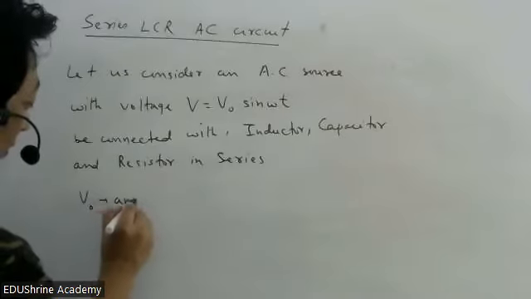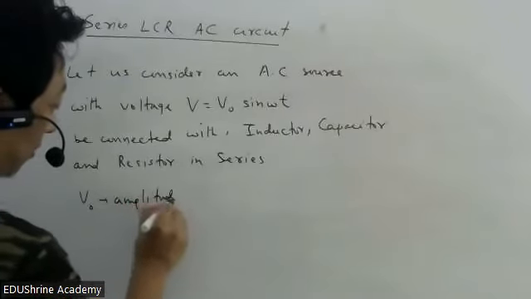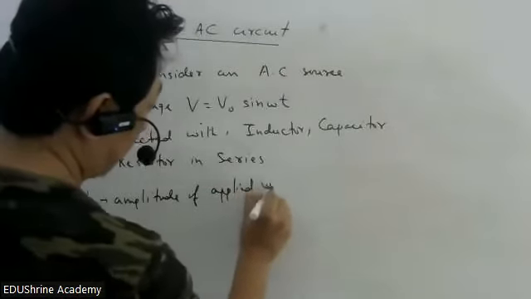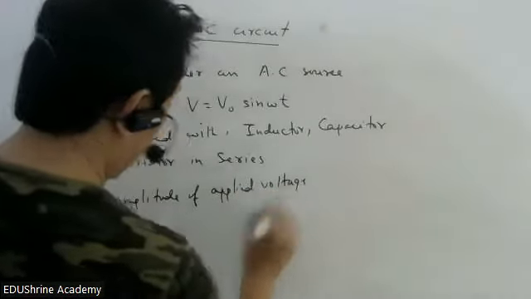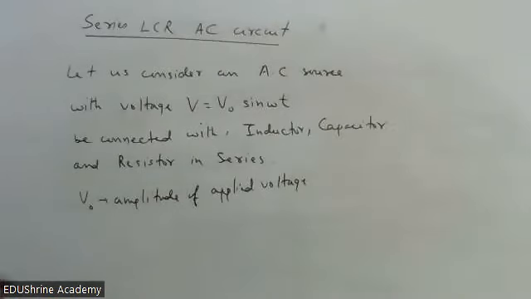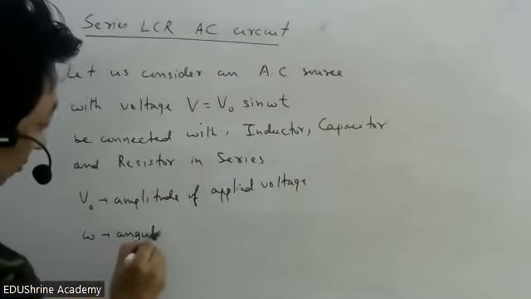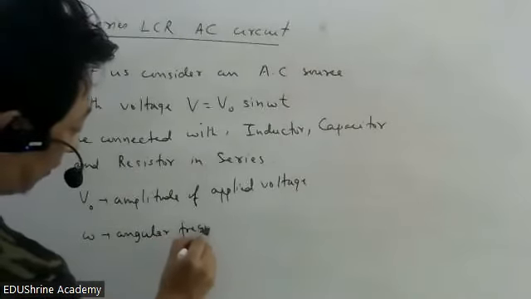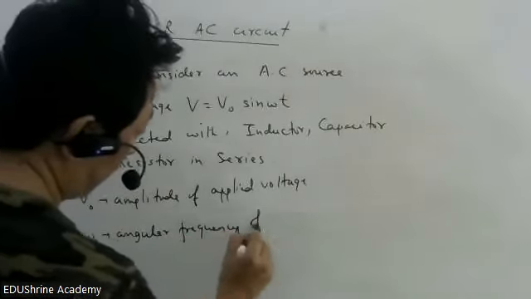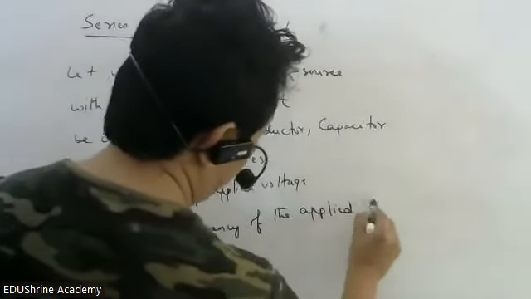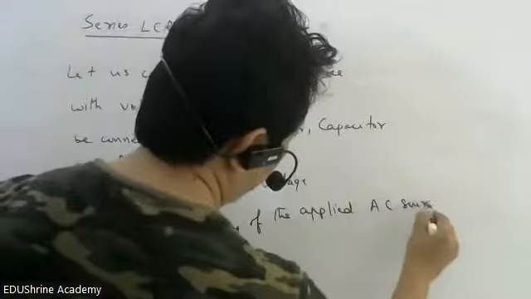What is V naught, students? Amplitude of applied voltage. And every applied alternating voltage should have a frequency. So omega is the angular frequency of the applied AC source.